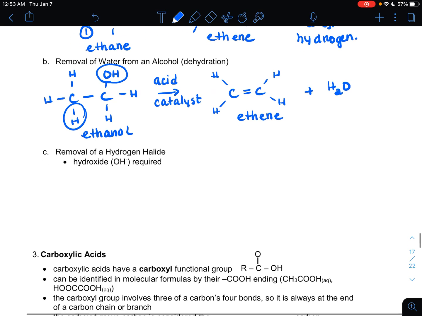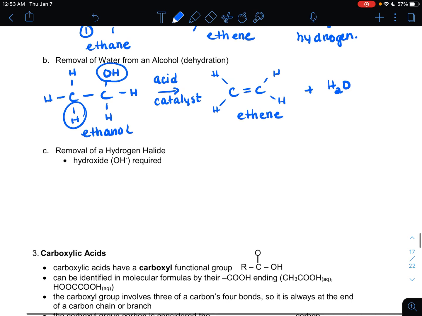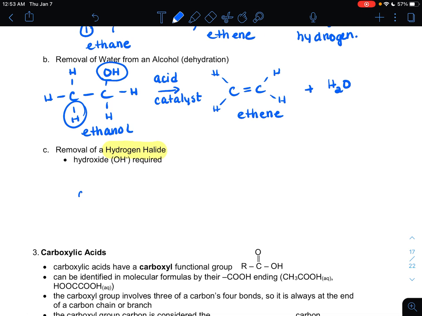There is a third reaction that I'm going to go through with you. This one is a little bit different, but it pops up again and again on diploma exams, so I do want to go over this with you. For this one, we're going to be removing a hydrogen halide. So we're going to go back to that first group, the halogens that we've looked at.